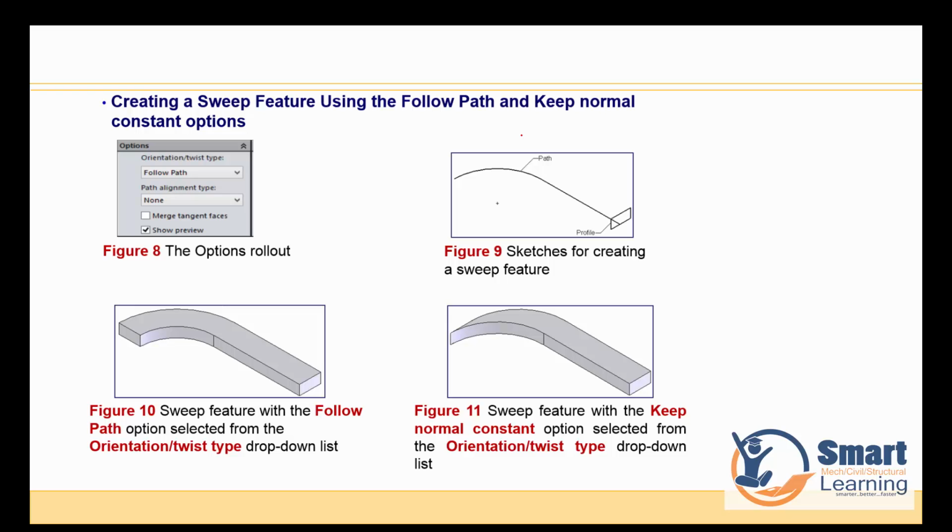And also we'll try to understand some advanced options, where the follow path option is and how to control the end tangency. Here you can see in both cases the follow path option is selected, but here the keep normal constant option is selected from the orientation twist type. How the differences are and how you can take advantage of that, I will show you.